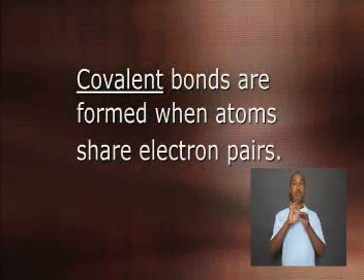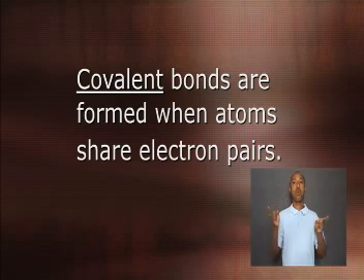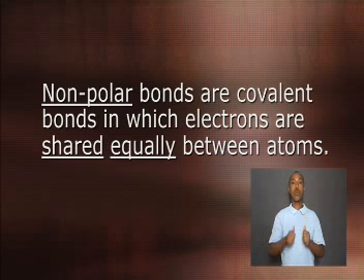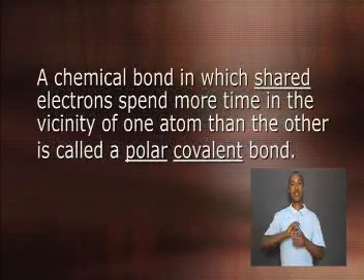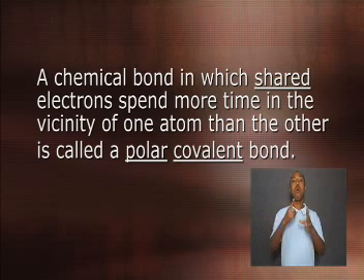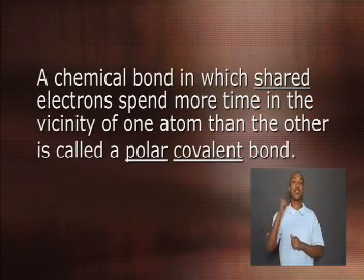Covalent bonds are formed when atoms share electron pairs. Non-polar bonds are covalent bonds in which electrons are shared equally between atoms. A chemical bond in which shared electrons spend more time in the vicinity of one atom than the other is called a polar covalent bond.